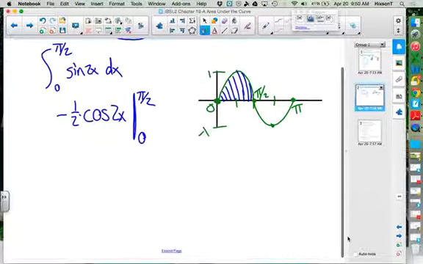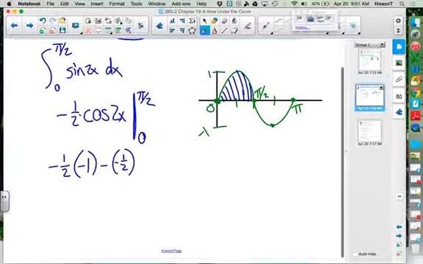If I'm evaluating at pi over 2, I'm actually taking the cosine of pi. 2 times pi over 2 is pi. What's the cosine of pi? Negative 1. Minus negative 1/2 times the cosine of 0.